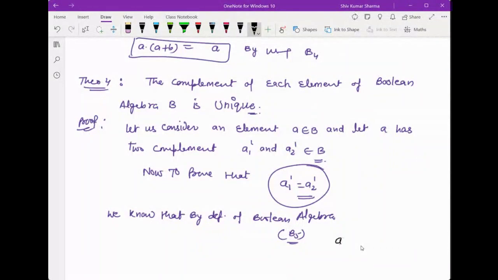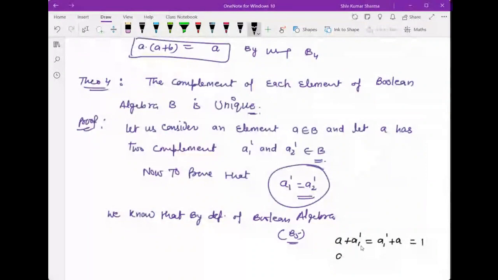The complement property says that A plus A complement, so what we took is A1 complement: A plus A1 complement, and you can write A1 complement plus A, equal to 1. A plus A complement equals 1. So this is by using B5.